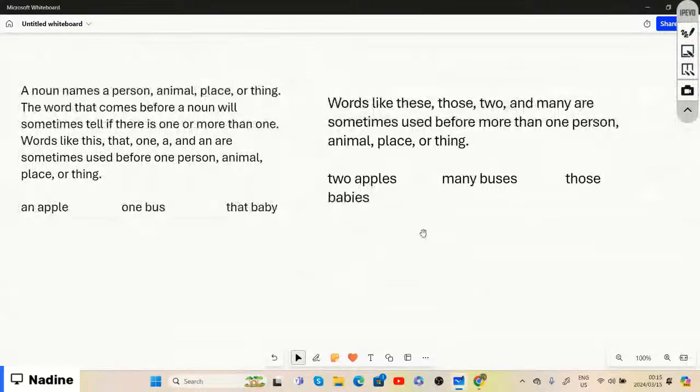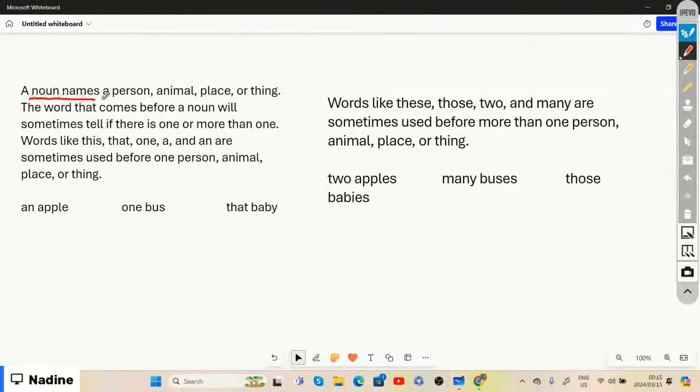So a noun names a person, an animal, a place, or a thing, right? So that is a noun.